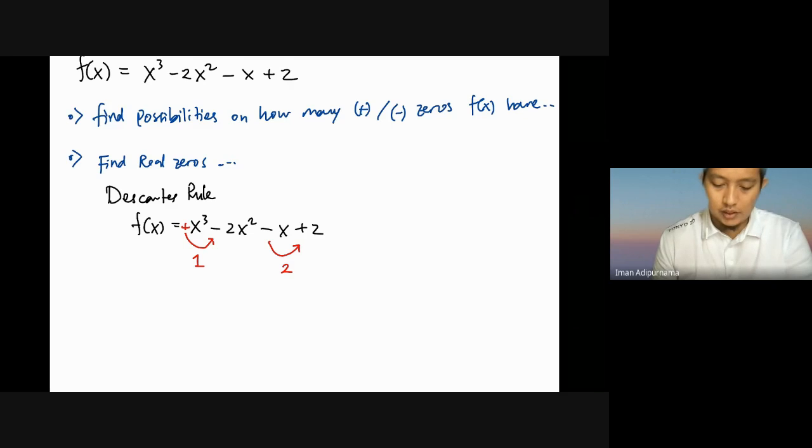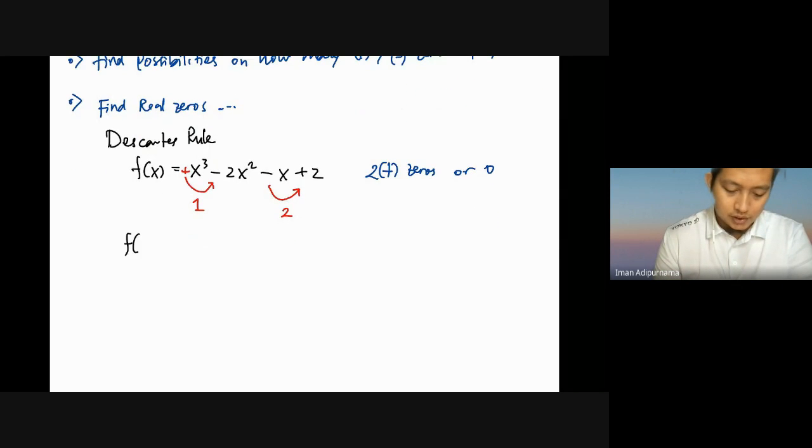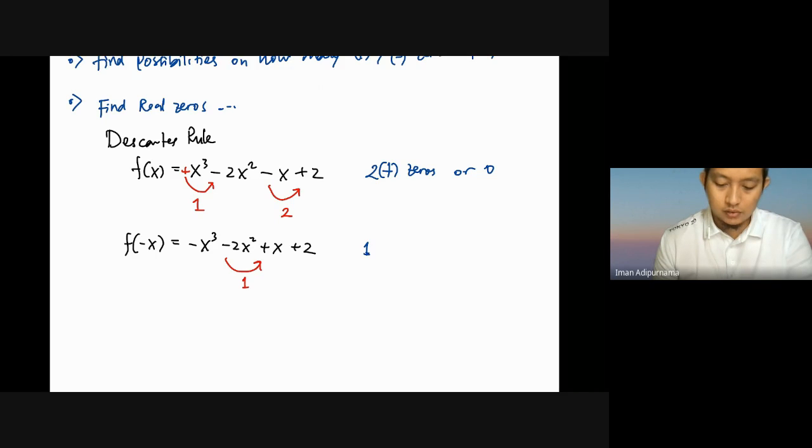So the idea will be 2 positive zeros or 0. For negative zeros, let's check the negative x inside. It's negative x cubed, negative 2x squared, it becomes plus x plus 2. We will see that this is 1, so we will have 1 negative zero.